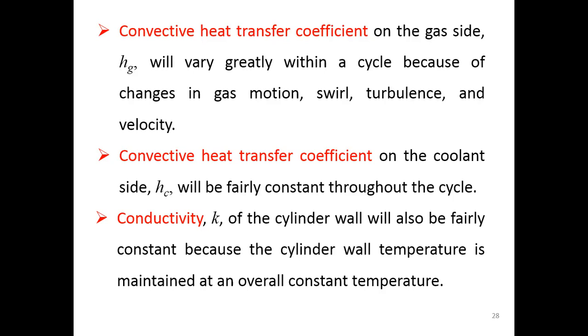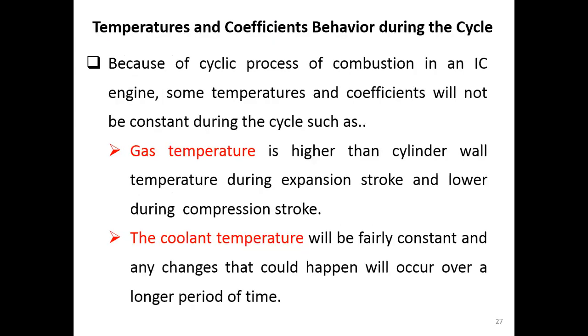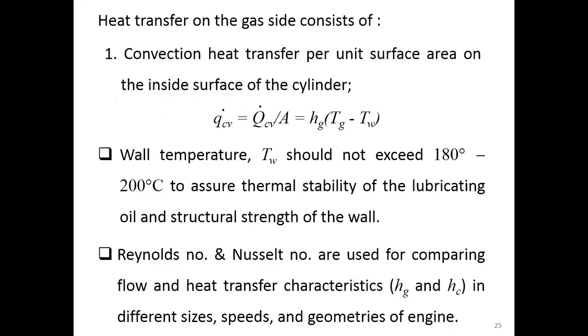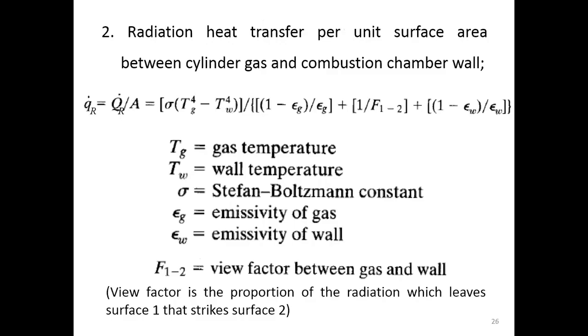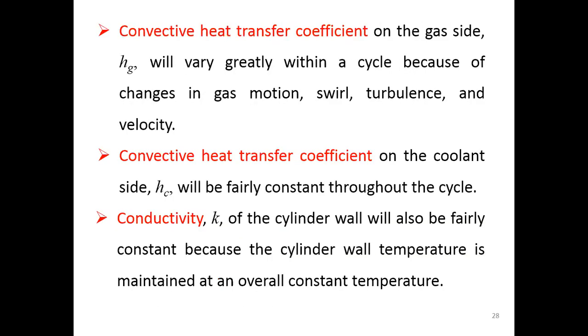We don't allow the cylinder wall to fluctuate, the same as what happens inside the cylinder. Otherwise, remember, we will lose the structural strength of the wall. So we keep the cylinder wall temperature constant here.